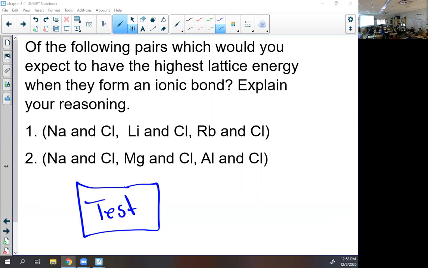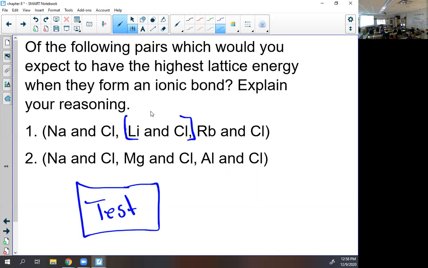All right. So, which one of these would have the highest lattice energy in number one? All right, this one. Why? Because it's the smallest out of the three. All right. So the radius. The radius is the smallest between these two atoms.